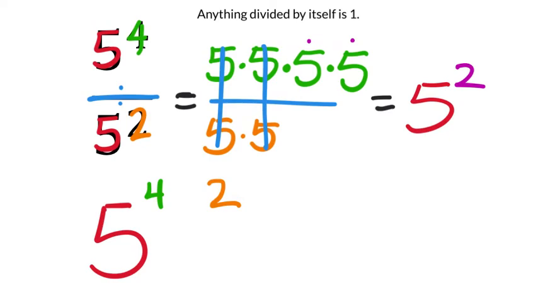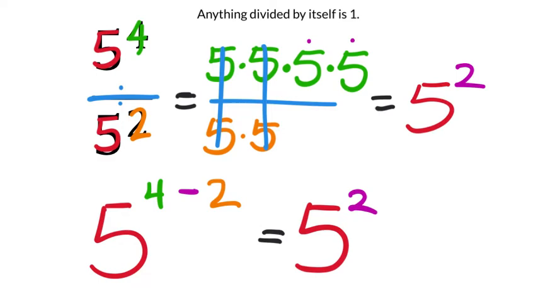And what did we do? Well, you took this 5 and you pretty much took this other 5 away. So by take away, that would indicate that we are subtracting the exponents, which means that here, if you took 4 minus 2 there, that's how you get the new exponent of 2.